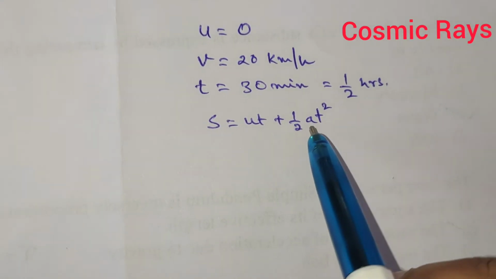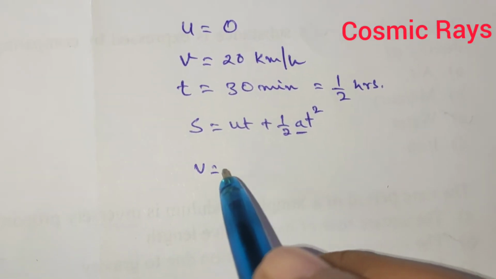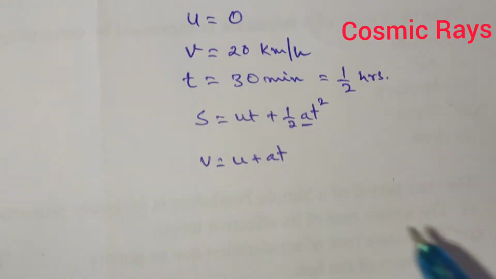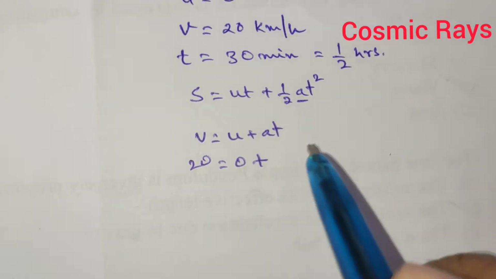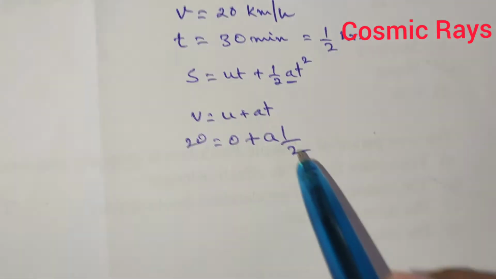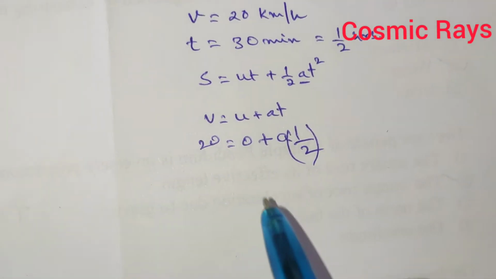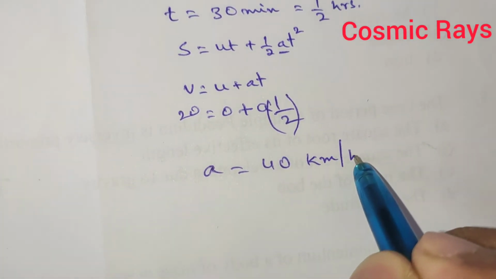Now to use this formula I need to know the acceleration, which has not been given, so I'll use another formula, v equal to u plus at. So v is 20, u is 0, a we have to find out, and time is 1/2. So simply acceleration is equal to 40.